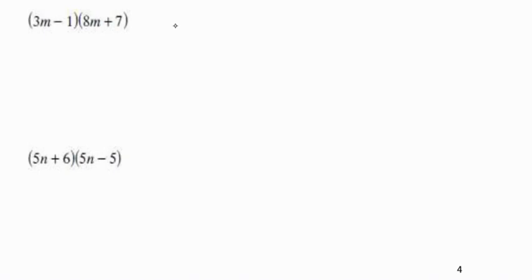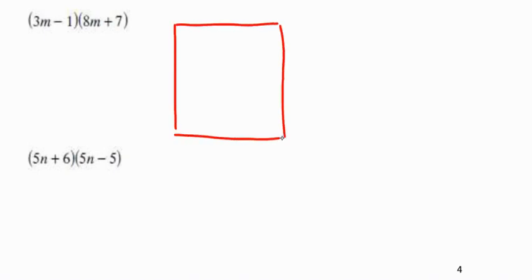Next, I'll do the box method just to change it up a little bit if you prefer this method. Again, it doesn't matter which binomial you place where. I just always place the one on the left on top. So I have 3m minus 1, and I have 8m plus 7, and I'm multiplying these.